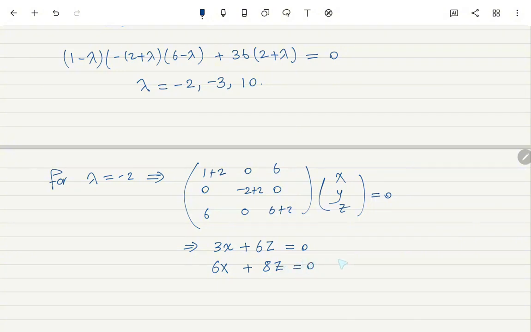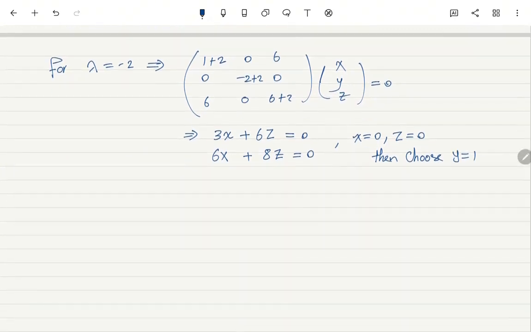If we set x equals 0 and z equals 0, then choose y equal to 1. So the eigenvector for lambda equal to minus 2 is 0, 1, 0.